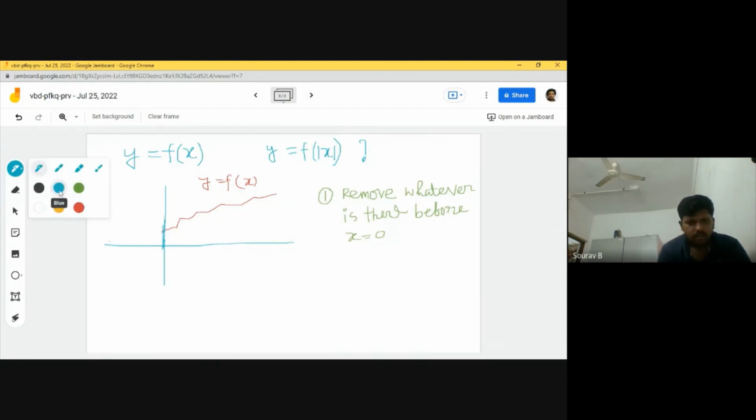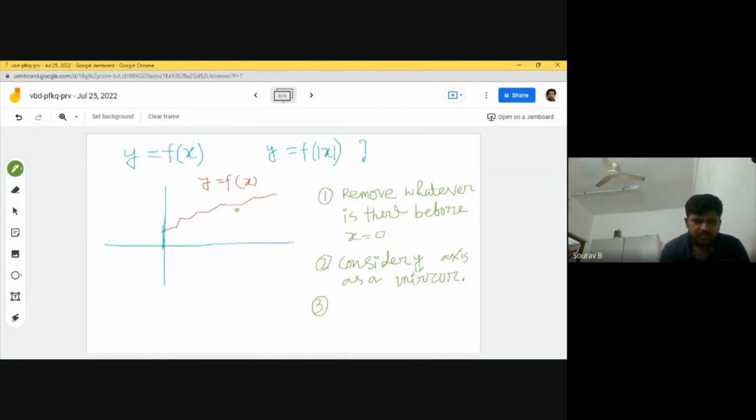So now what will you do? You will consider the y-axis as a mirror and then take the image of this portion.